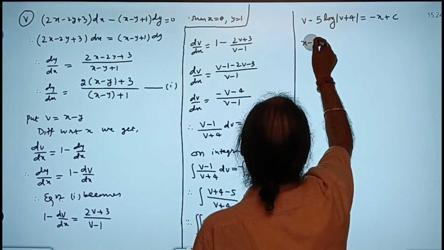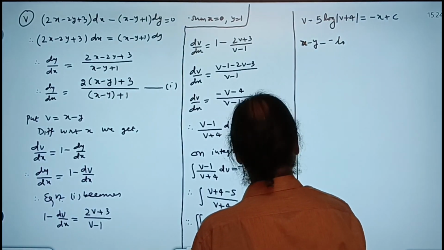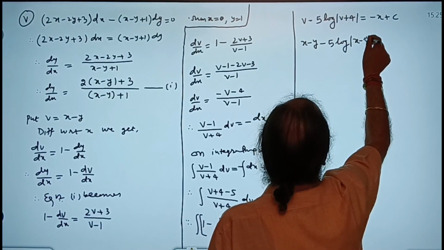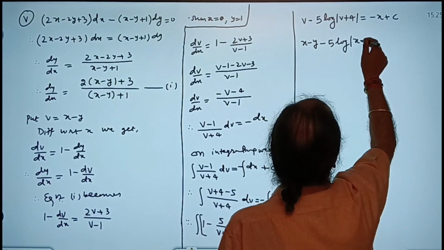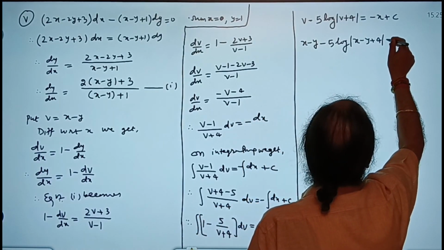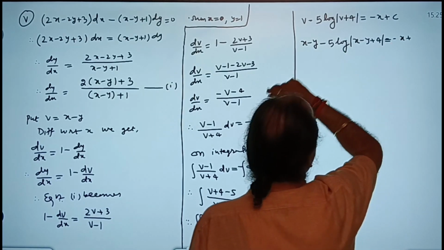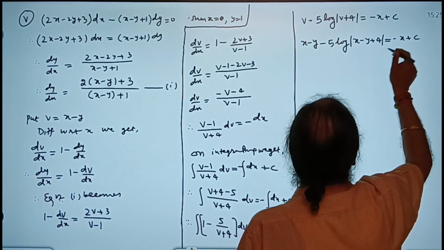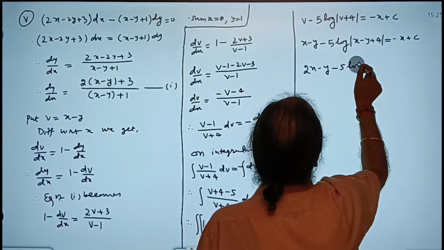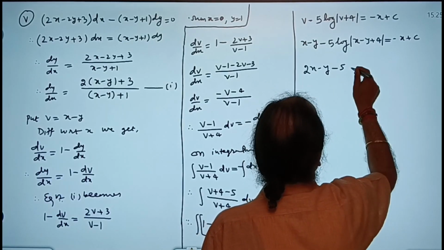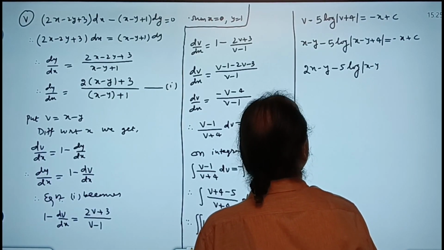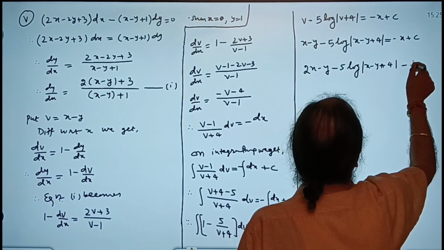Bring x on this side, so 2x minus y minus 5 log x minus y plus 4 is equal to c.